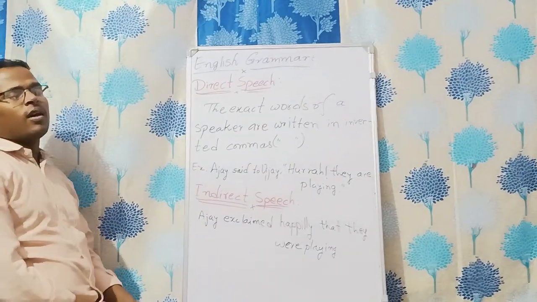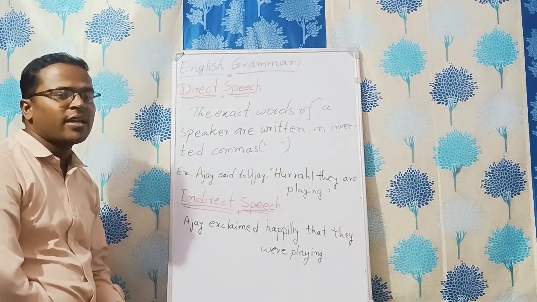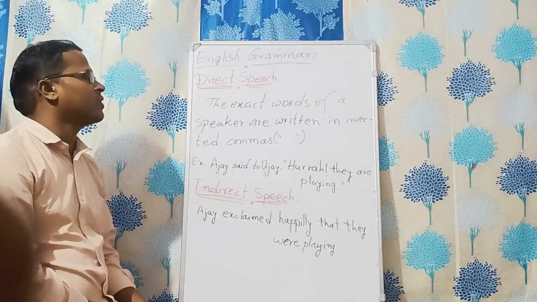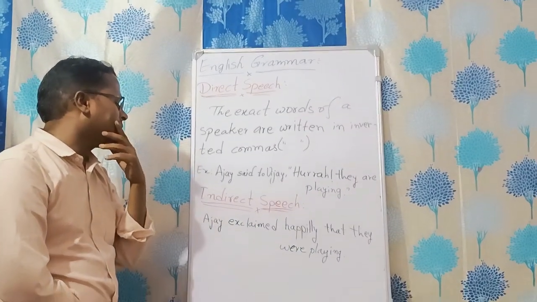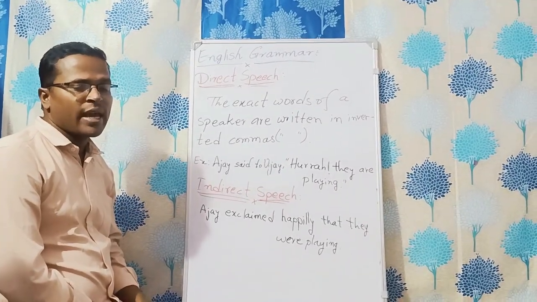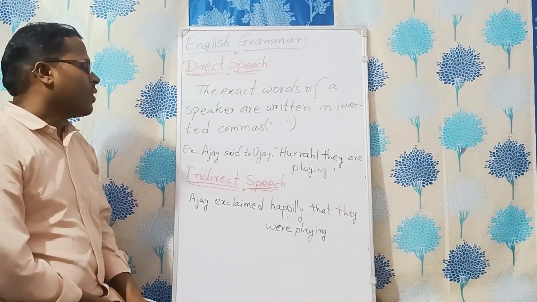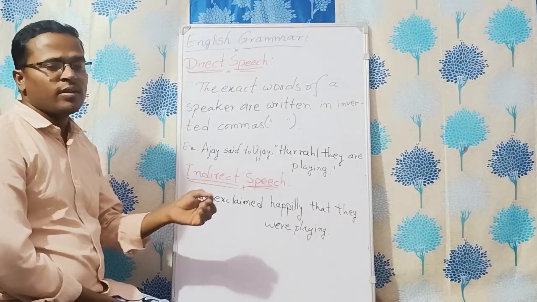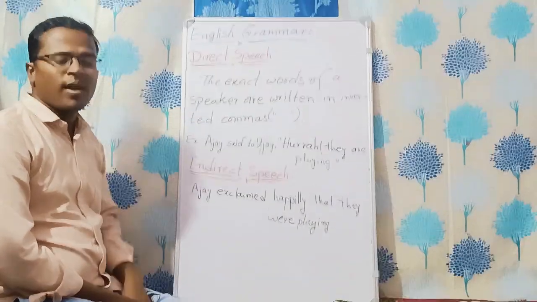So these are the examples to change from direct speech to indirect speech. See, when you're learning direct and indirect speech, converting from direct to indirect or from indirect to direct, the main things are changing the tense and changing the time and place.